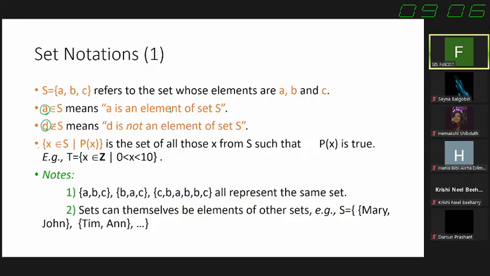So how do we read this? X is the set of all those x's such that P of x is true. For example, if we have a set of integers, this will represent the P of x here. This is true: x would be between 0 and 10.